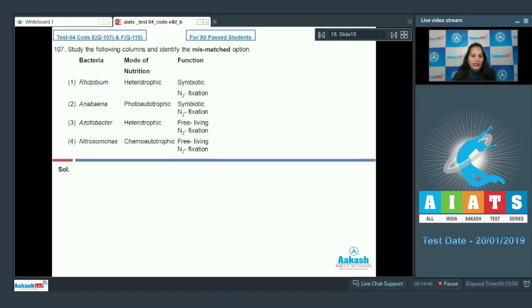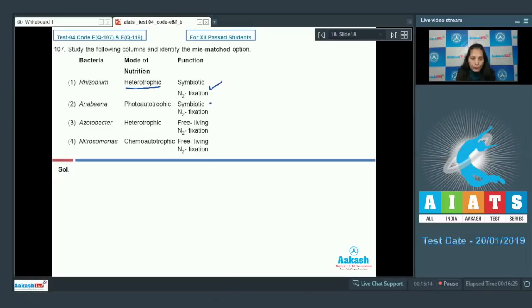Question number 107. Study the following columns and identify the mismatched option. In column 1, you have the bacteria. In column 2, the mode of nutrition. And in the last column, the function of that bacteria. First option, Rhizobium is heterotrophic in nature and it symbiotically fixes nitrogen.